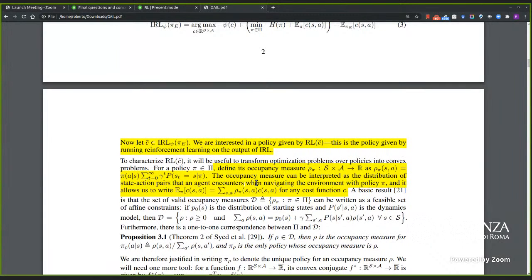And it allows us to write that the expectation for the cost function is the following, which is basically this rho that multiplies the cost function. Why? Because you can weight any cost by the probability of visiting that.